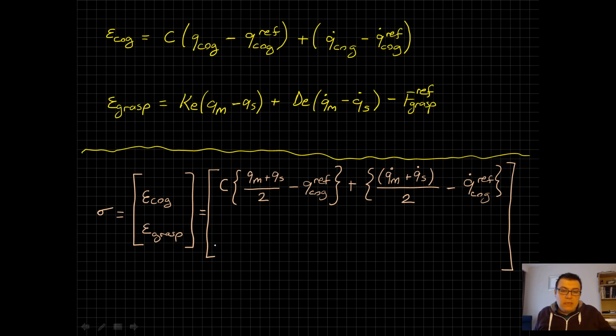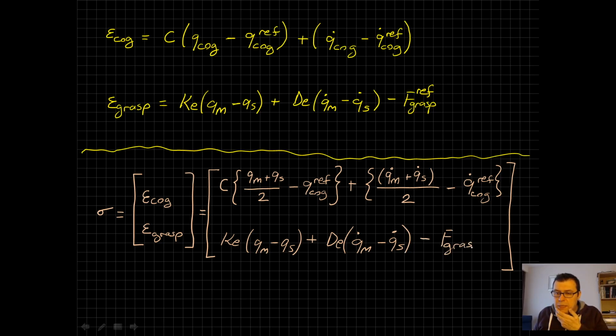Now we can write back here the grasp force error, directly taking this down here. This is nothing but KE times (QM minus QS) plus the damping side, DE times (QM dot minus QS dot), and from this we're actually subtracting our grasping force reference value, right?